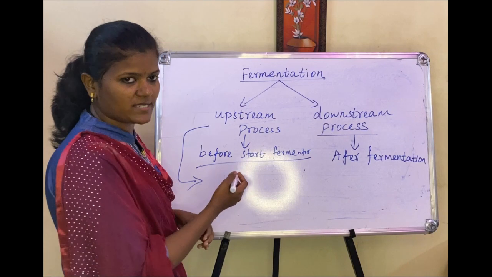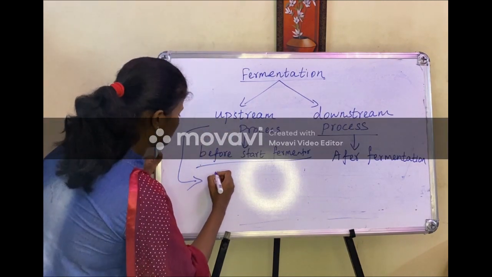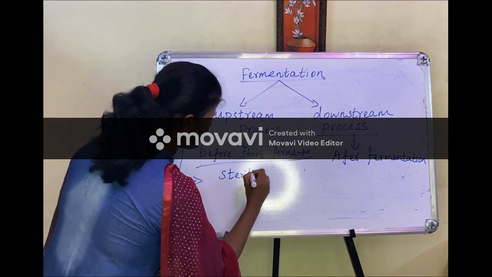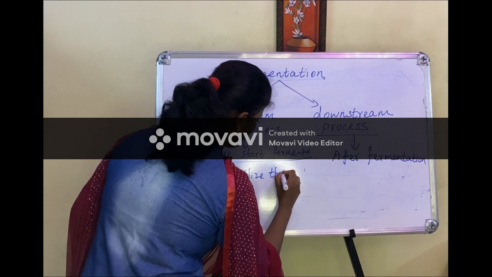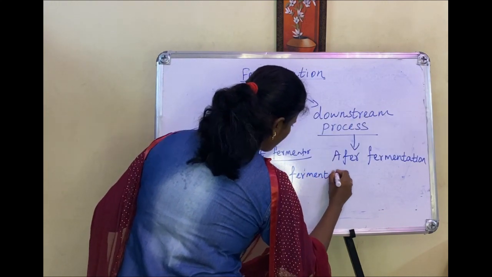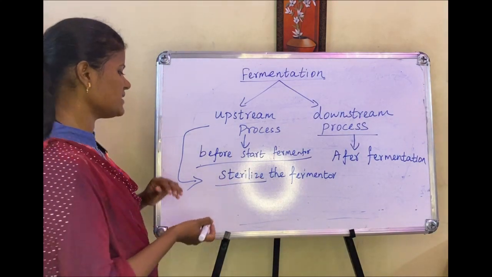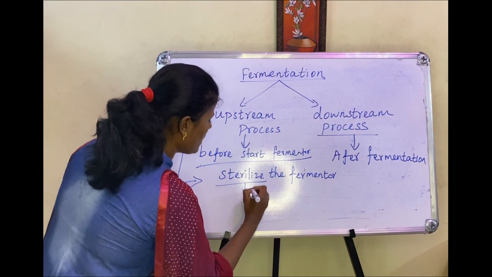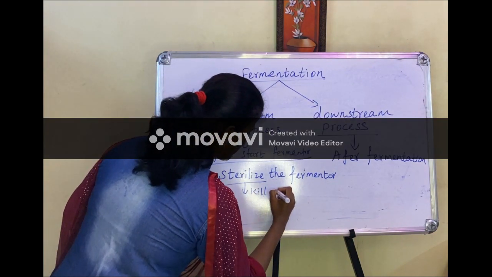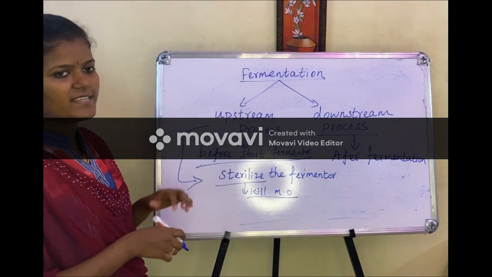Let us discuss the upstream process. First, we have to sterilize the fermenter. Do you know what sterilization is? Killing or destroying the microorganisms is called sterilization.